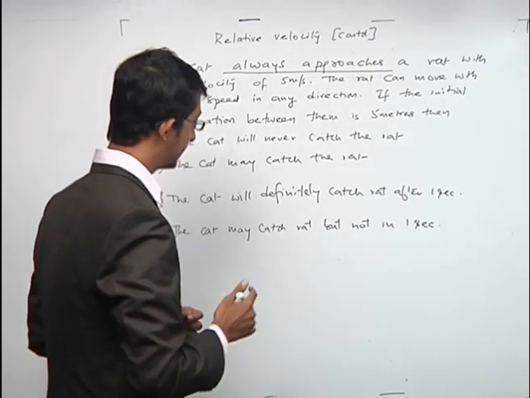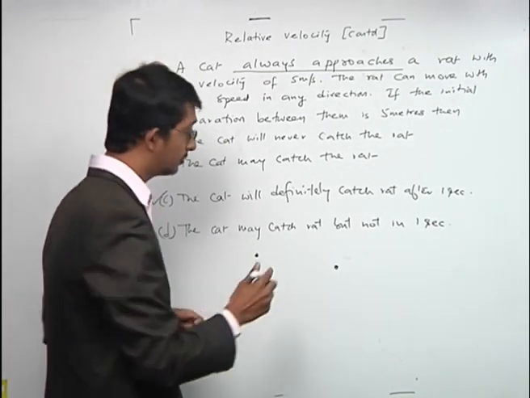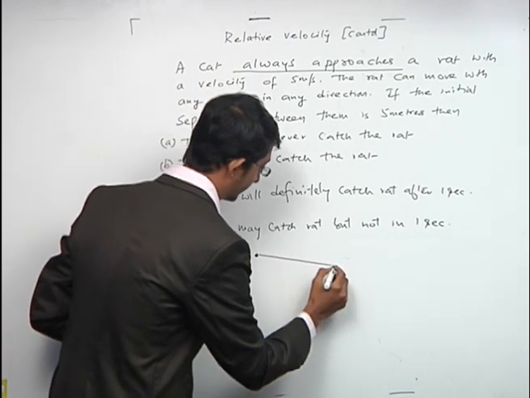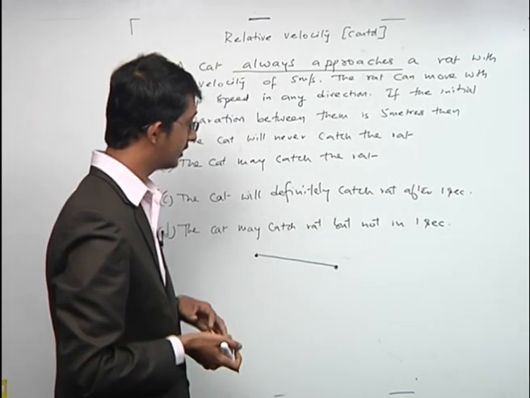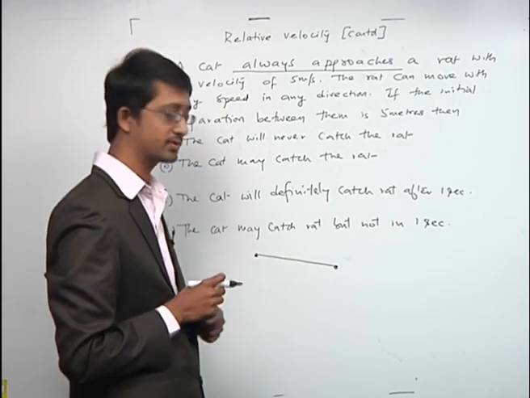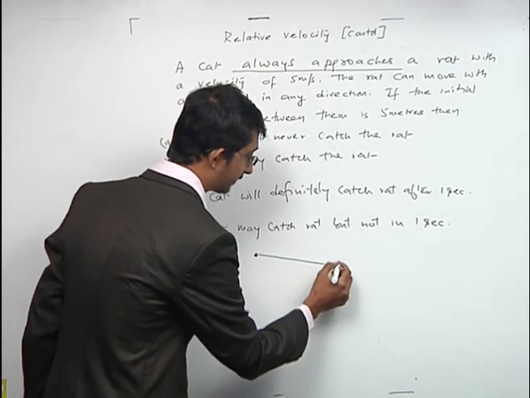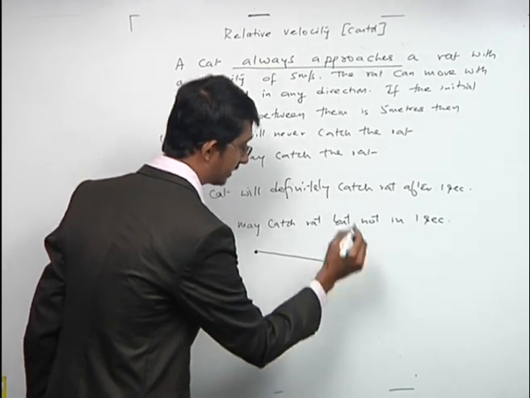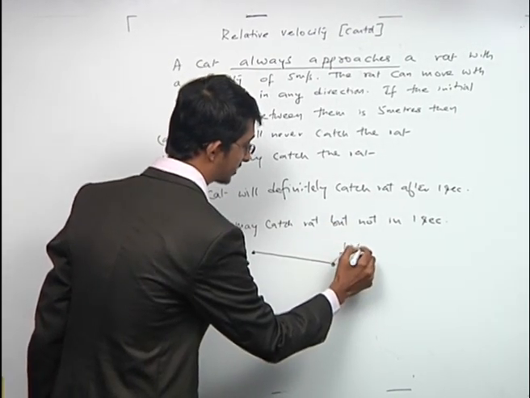First, if there is a cat and a rat, you must join them by a straight line. And then you must take the velocities along this line. You take the velocity of the rat along that line. Suppose the rat is moving with 10 meters per second.